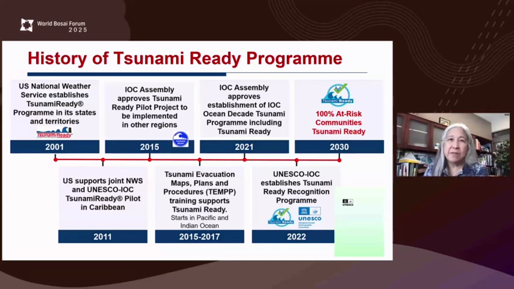In 2017, training manuals and guides were created to help support the achievement of the guidelines of the Tsunami Ready program, approved in 2021 and established as a global program under UNESCO IOC in 2022 with an ambitious goal of 2030. And we are in 2025, so halfway there.